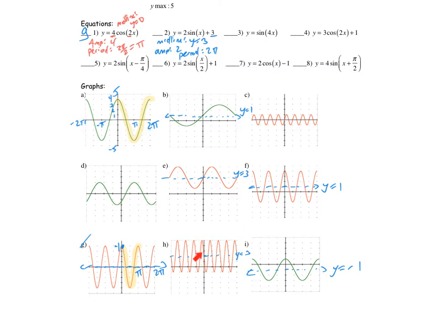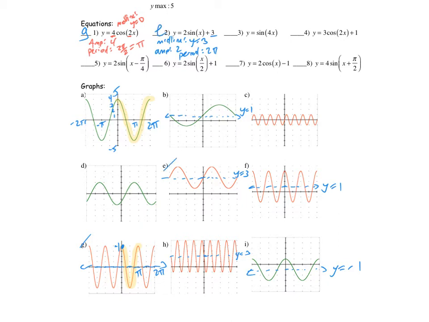Letter H is going through the midline, but the graph is going down, so that would be negative sine. So it's not going to be letter H. So let's check letter E. Letter E goes through the midline. It's going up, so it's a positive sine. The axis of oscillation is y equals 3, and the amplitude is 2. From the midline to the maximum is 2 units. So number 2 corresponds with E.